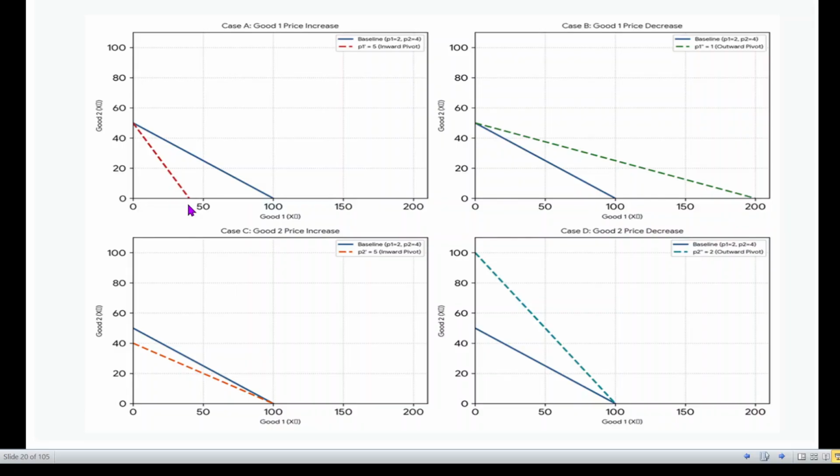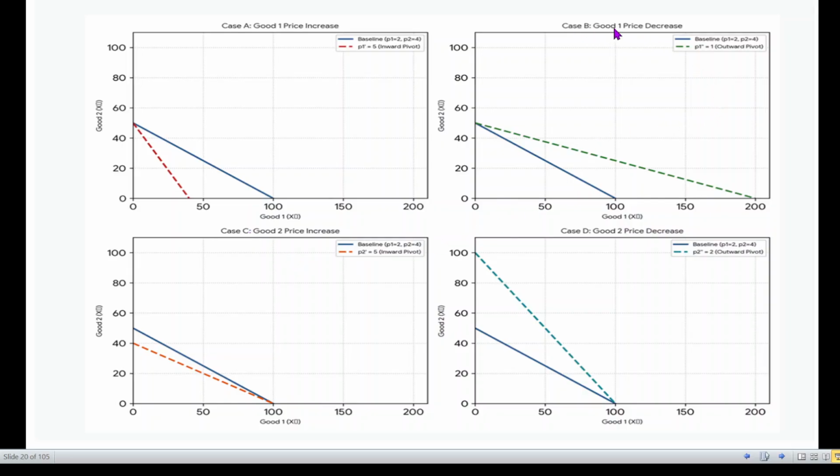When the price of good 1 is increased, the vertical intercept is locked and remains, and the horizontal intercept expands from 100, the baseline, to 200 here, and the budget due to price change is an outward shift or rightward shift.